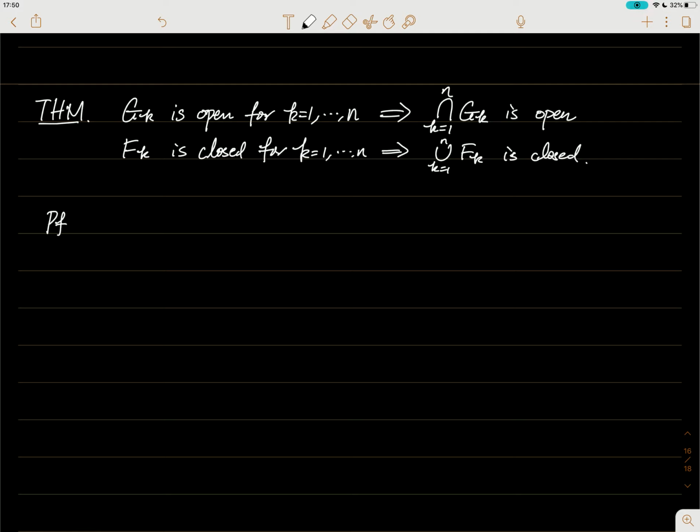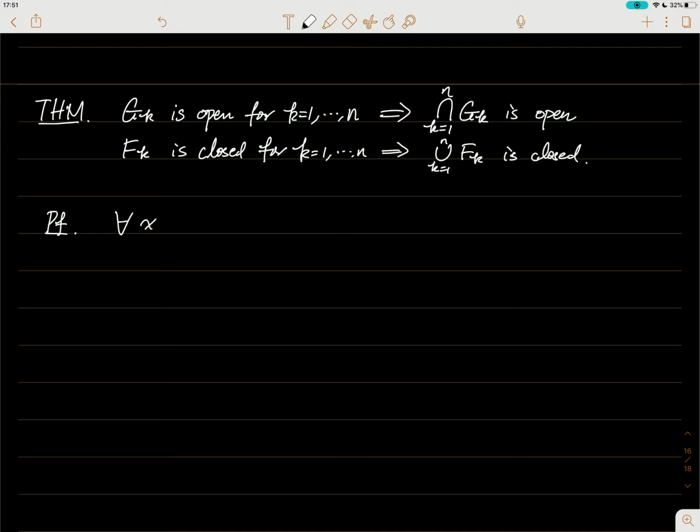The proof. Again, we can just show the first one. The second one can be obtained by applying De Morgan's law. To show that the intersection of these finitely many open sets is still open, again I need to show that every point is an interior point.